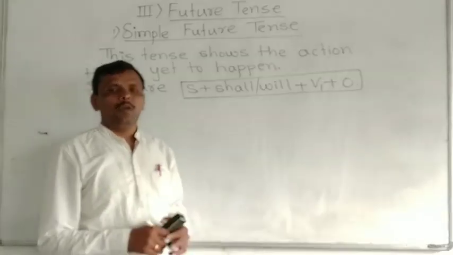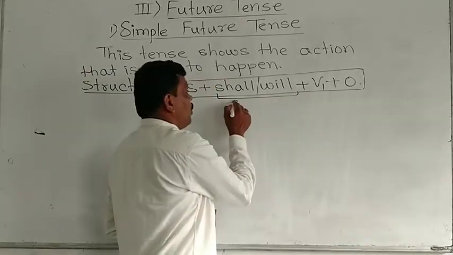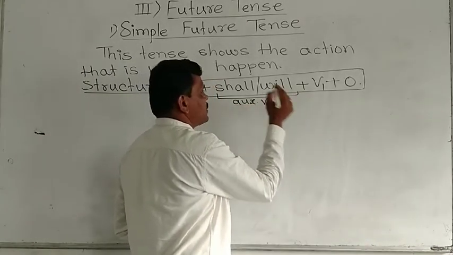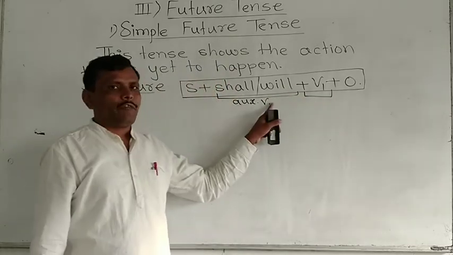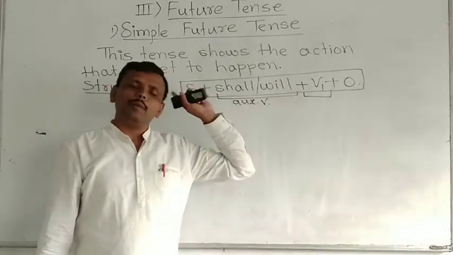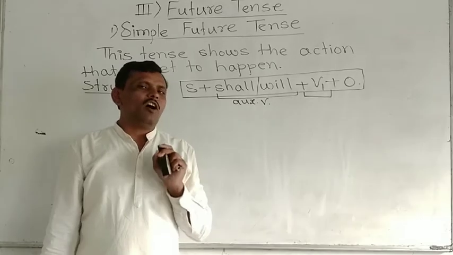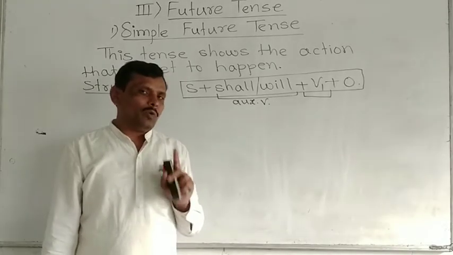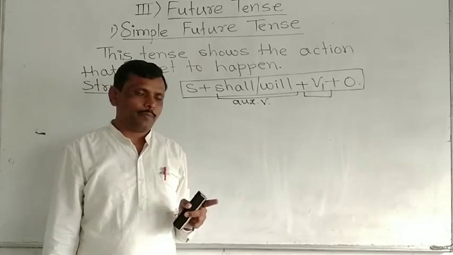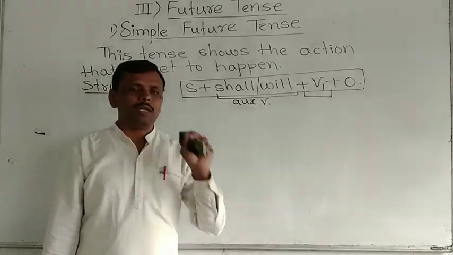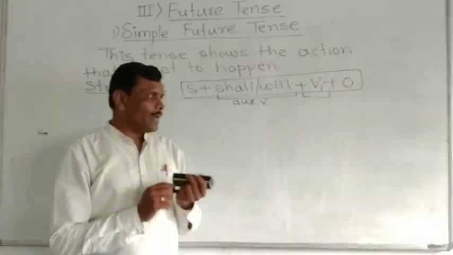These are the modal auxiliary verbs, and then V1. Shall or will plus V1 makes simple future tense. In each form of future tense we have to use shall or will plus V1. It is a must in future tense.